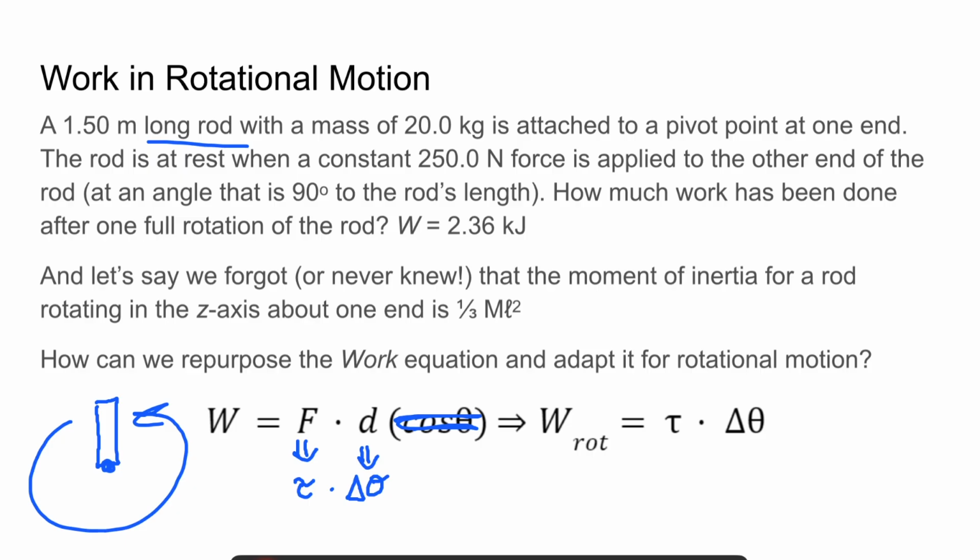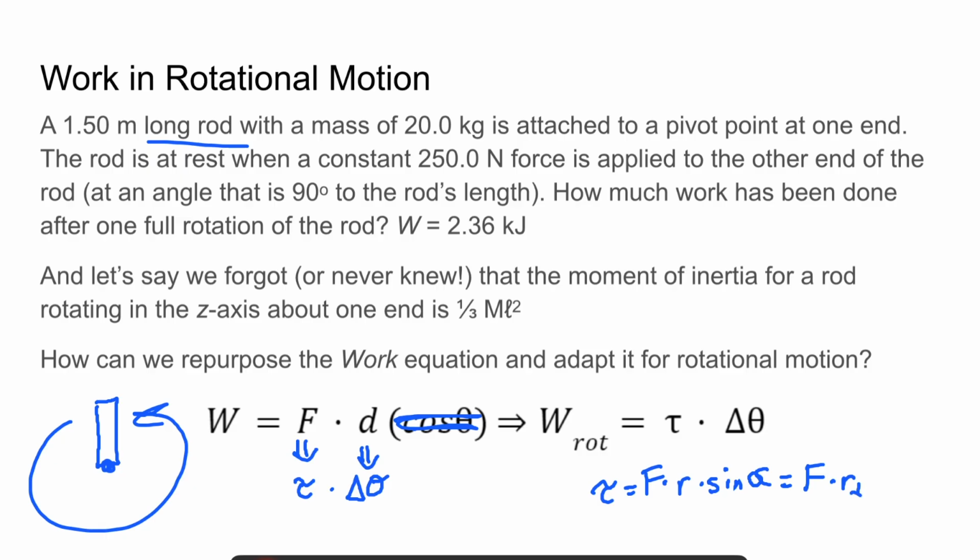And so we know that our torque equals our force times the distance from the pivot point times sine of the angle between those two, which actually, rather than using theta, let's use alpha, so it's a different angle. Or of course, we could also call that our force times our perpendicular lever arm, right?